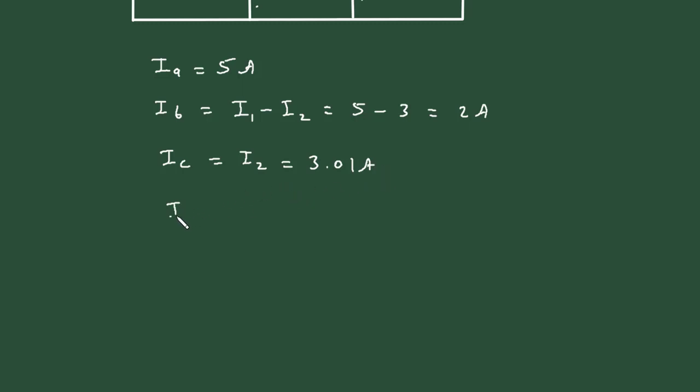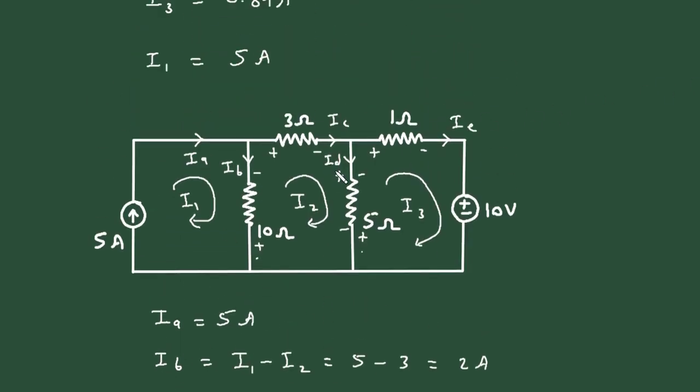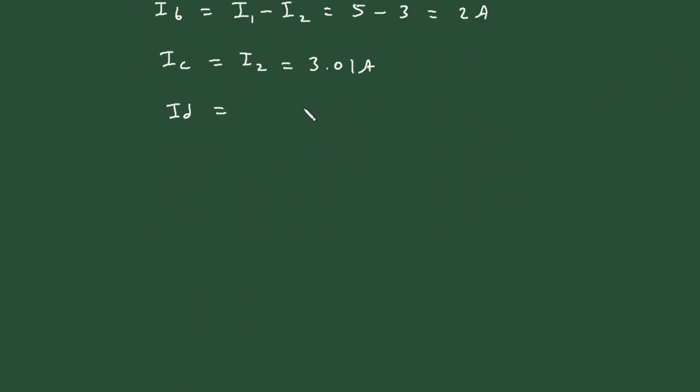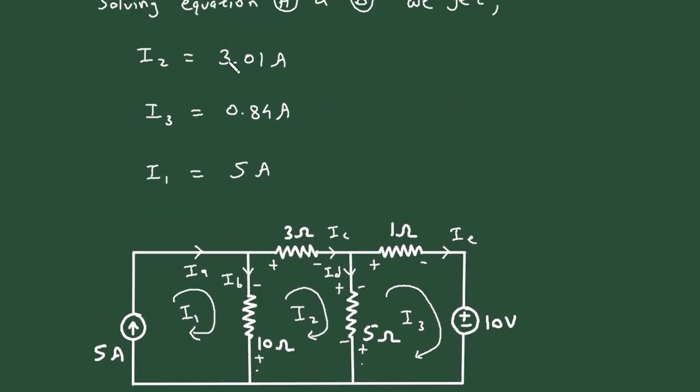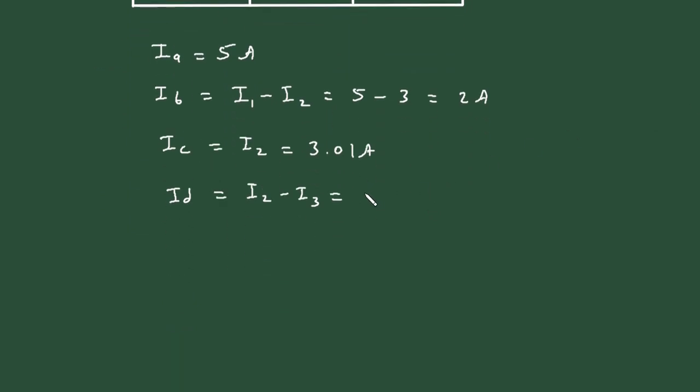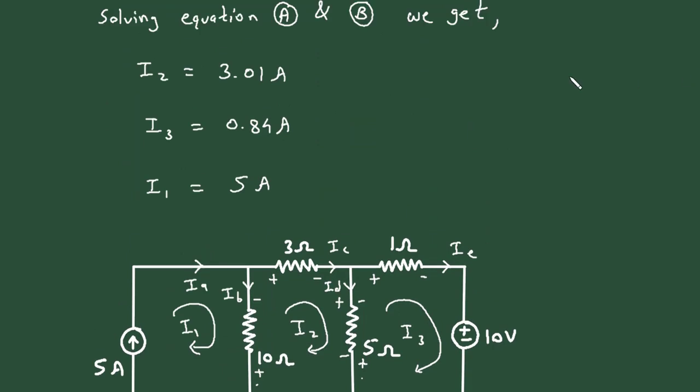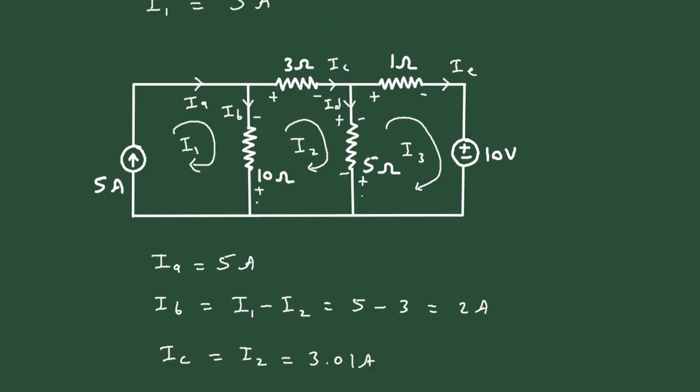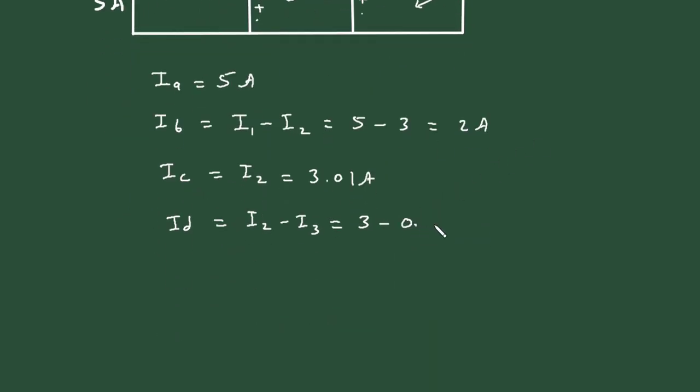Then next is ID, so ID is equal to I2 minus I3. The value of I2 is 3.01, or directly 3 only we write, minus I3 value is 0.84 ampere.